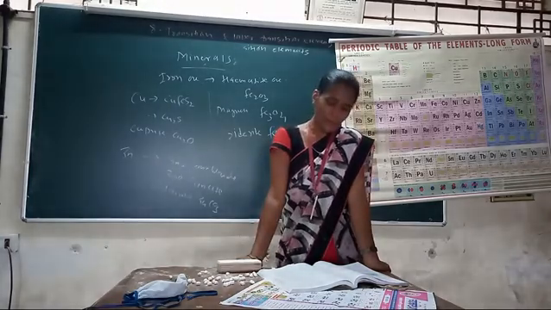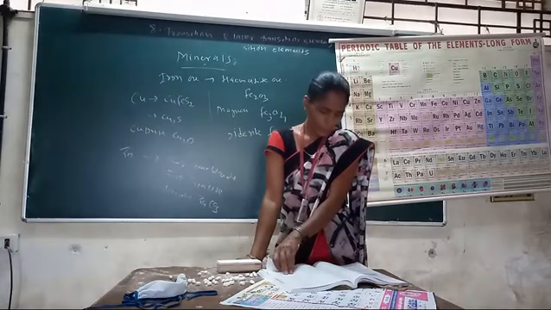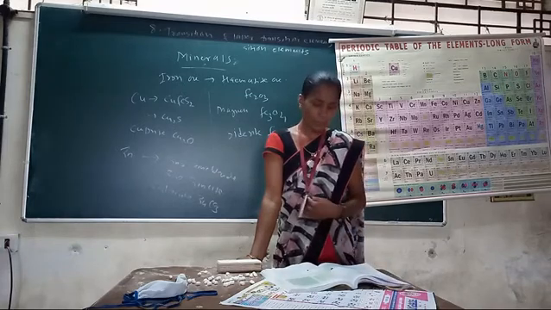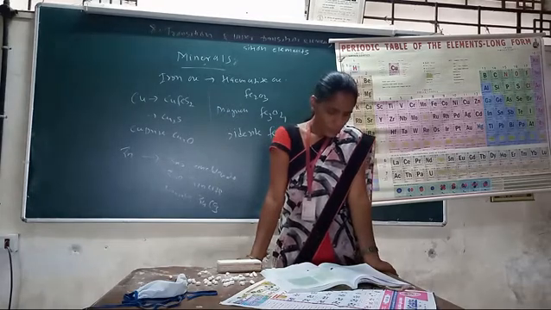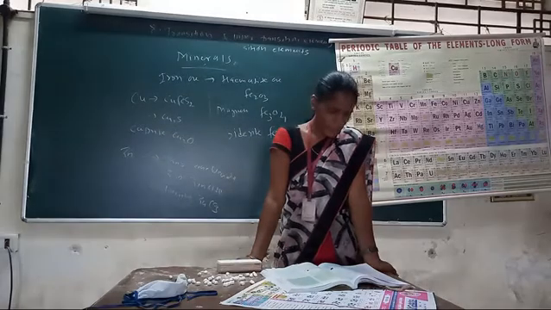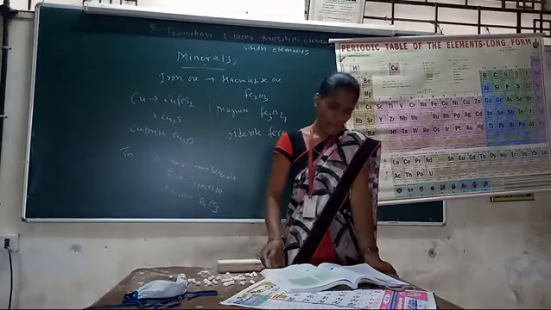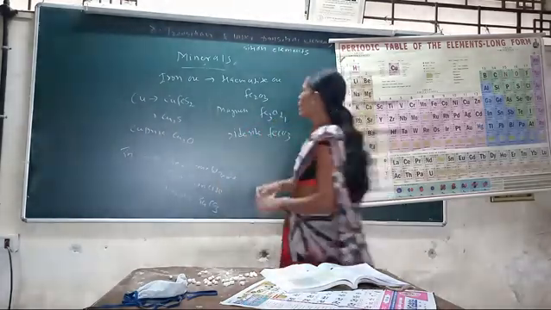Up to this point, these points are skipped from the syllabus. Therefore, the next point is commercial forms of iron, which contains cast, wrought and steel types of iron.